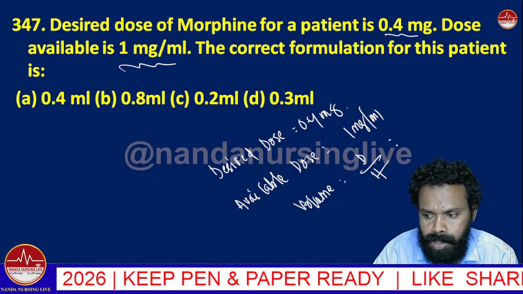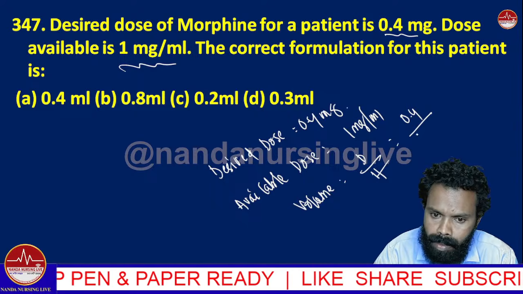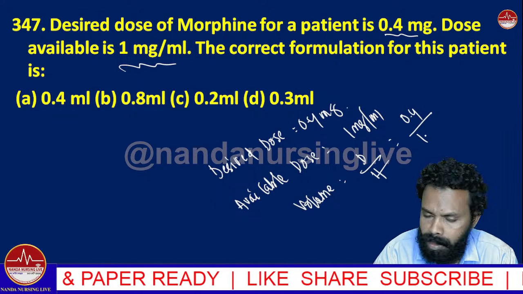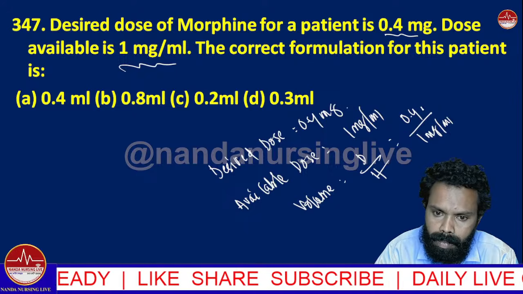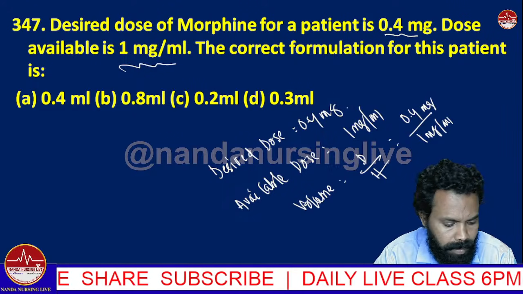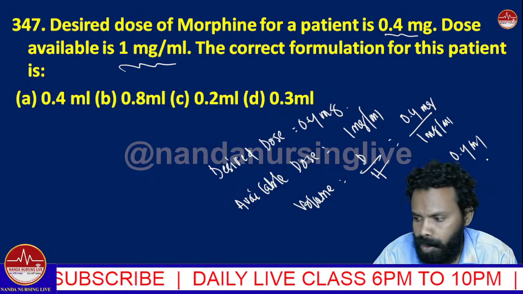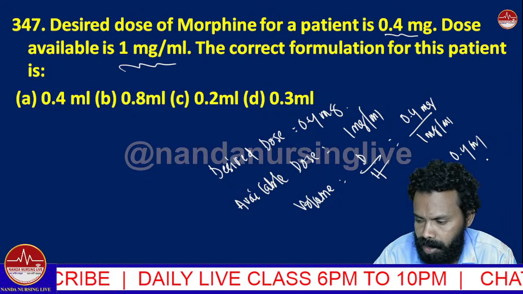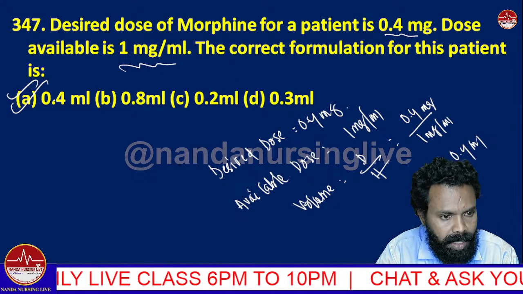So 0.4 divided by 1 milligram per ml, right? The answer will be 0.4 ml. The correct answer is option A.